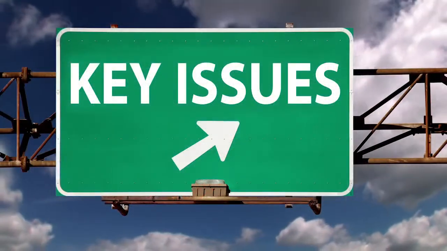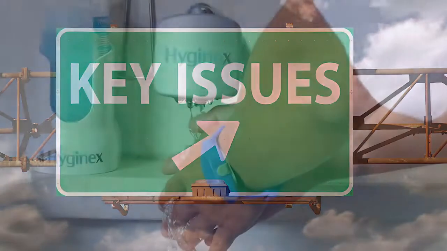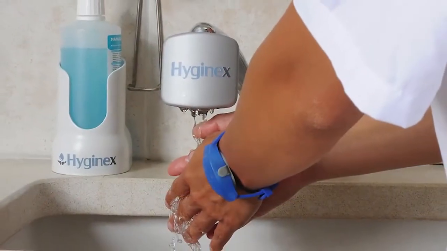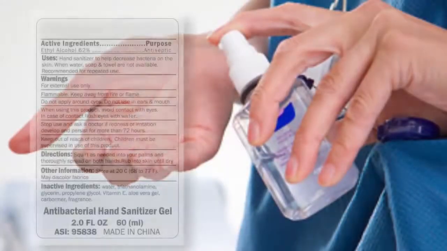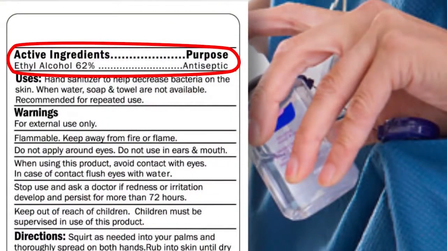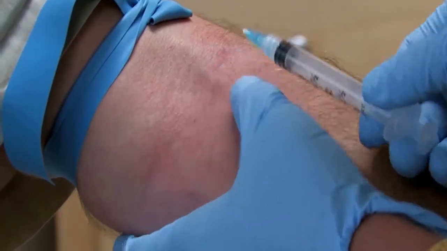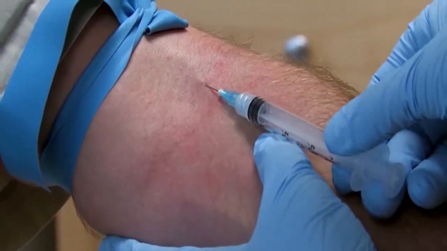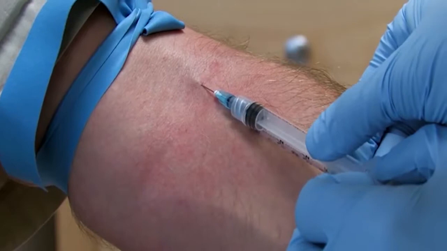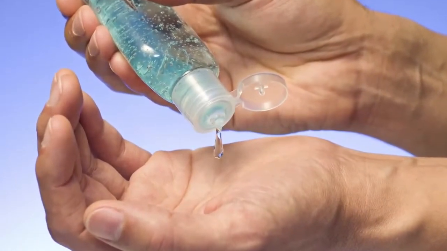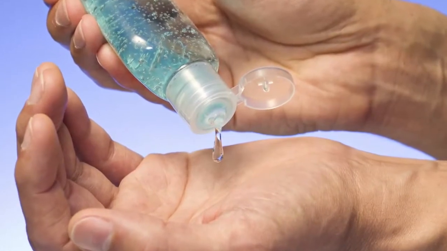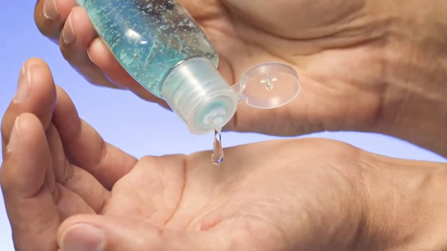Consider these key issues. Did the nurse, paramedic, or phlebotomist clean their hands with an antibacterial soap, or did they use an alcohol-based hand sanitizer before palpating the vein in your arm in preparation for your blood draw? If they used an alcohol-based hand sanitizer, then they would be transferring alcohol directly to the injection site.